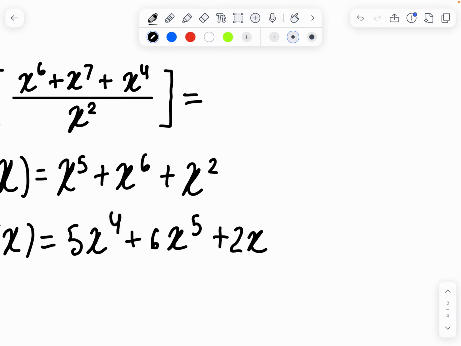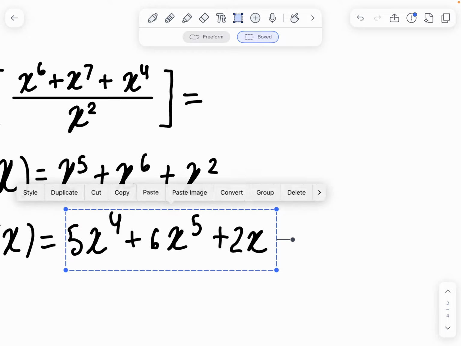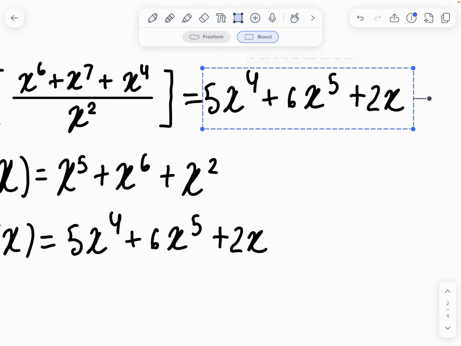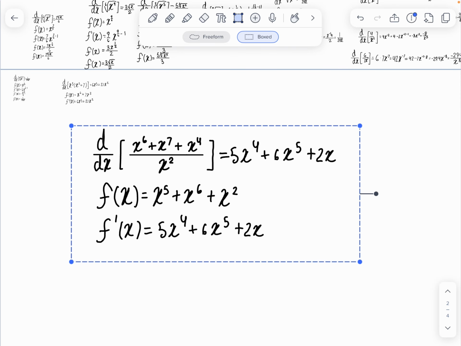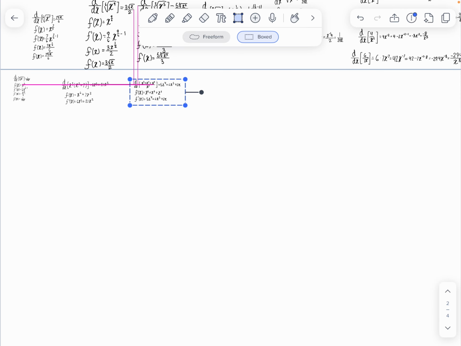So this is our answer. Okay, and that is how you do root derivatives as roots plus a miscellaneous.